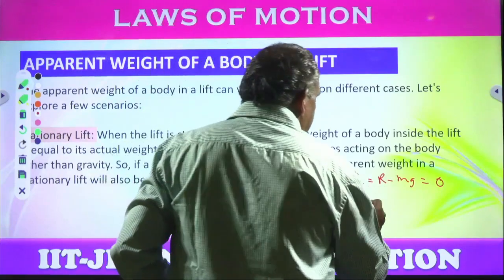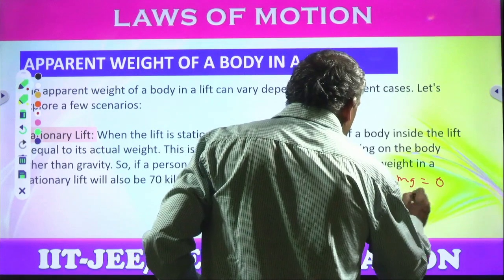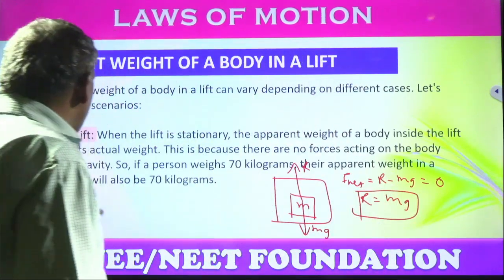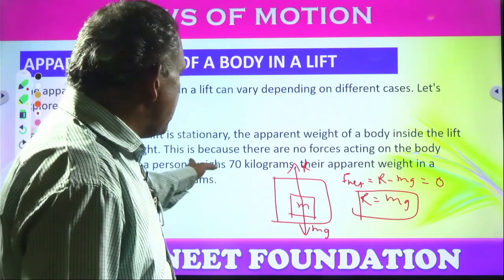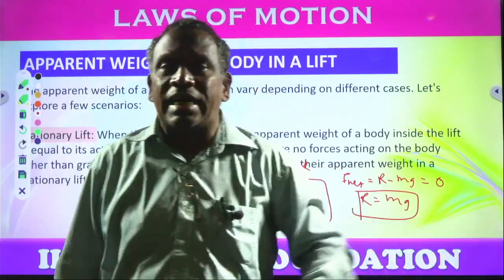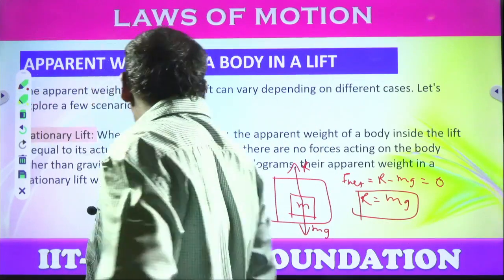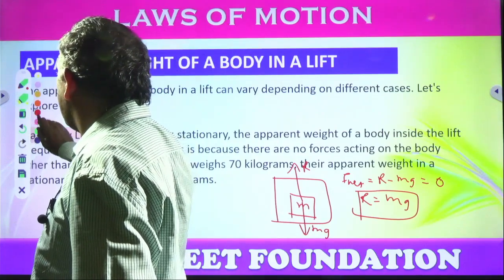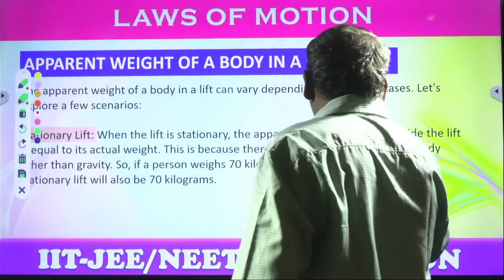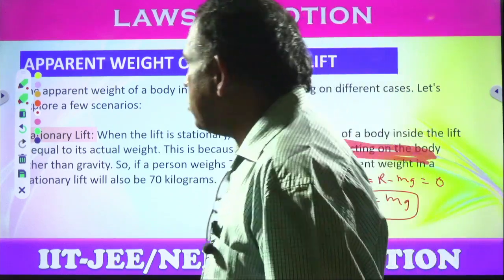Then the apparent weight here, the normal reaction, is equal to the weight of the body. Apparent weight is equal to the weight of a body when the lift is at rest, because there is no additional force acting on the body.